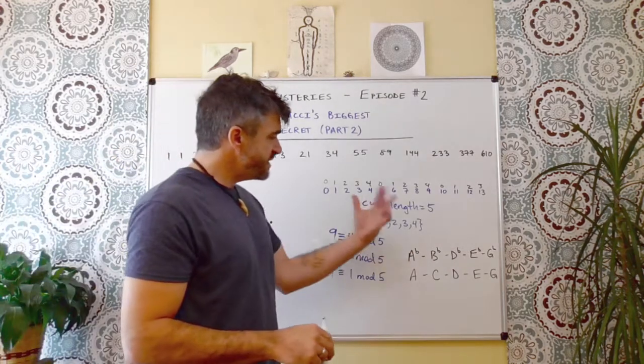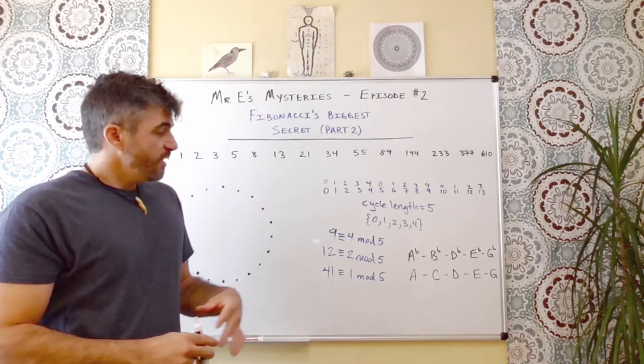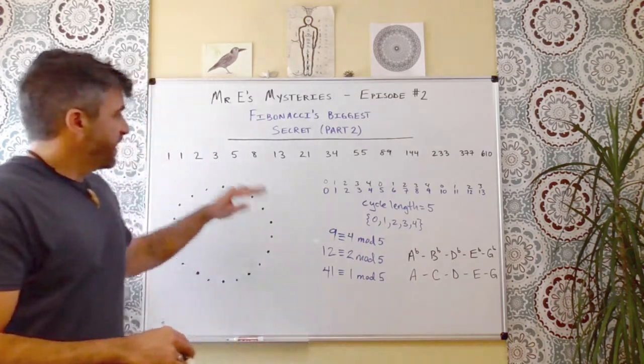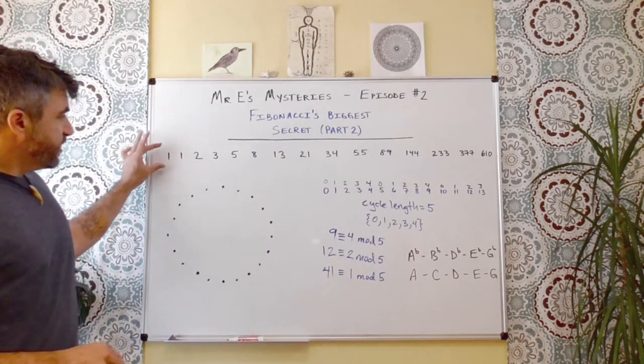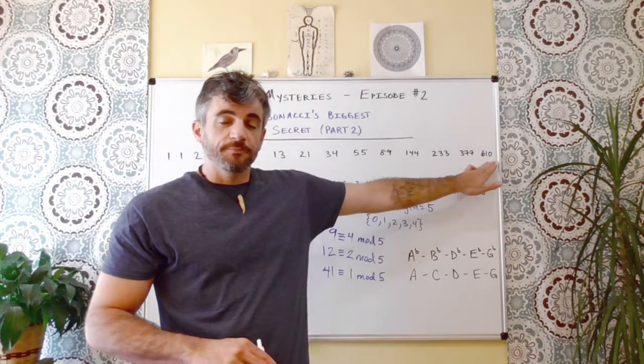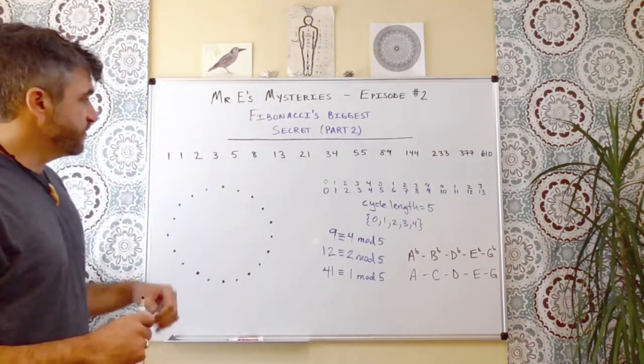And essentially this is the whole operation of modular mathematics. And this is the lens through which we're going to look at the Fibonacci sequence. So here we have the Fibonacci sequence listed up to the term 610. And we're going to use the mod 5 operation on the sequence.